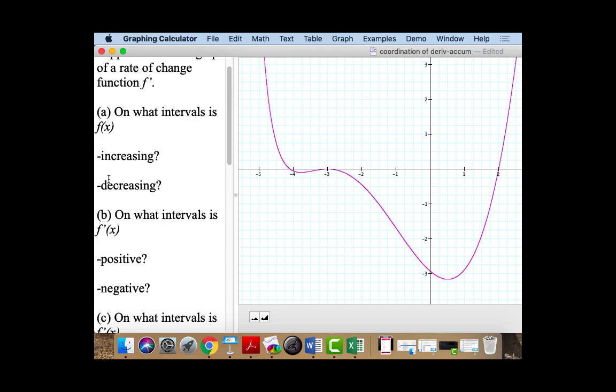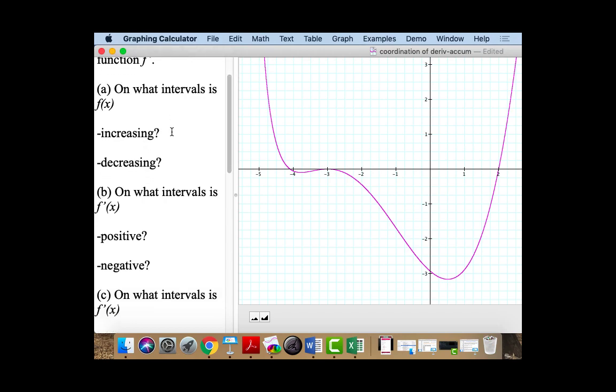When f of x is decreasing is the same question as when f prime is negative. So the answers to A and B should be the same answers in order. Increasing equals positive, decreasing equals negative for those. So thinking about when f of x is increasing, when is f prime positive?